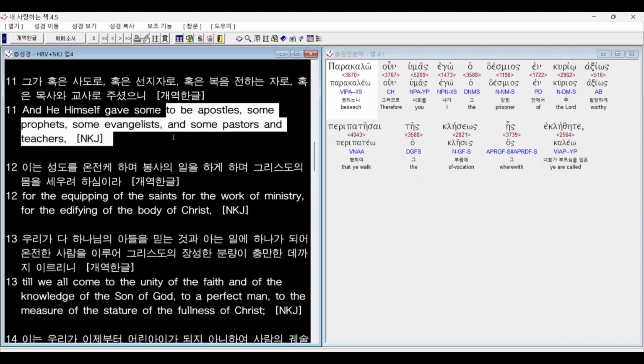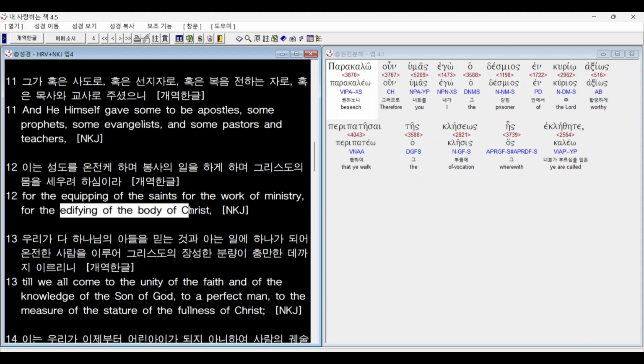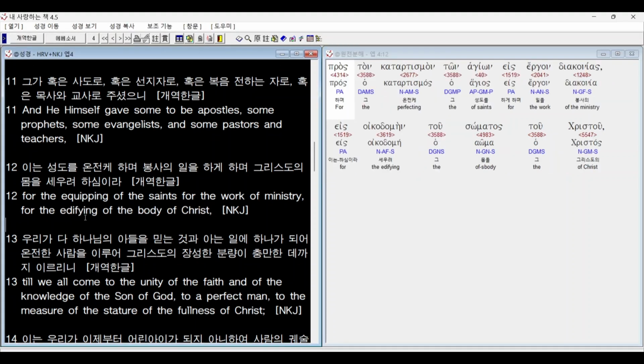Their titles are all different, but they are doing the same work, which is edifying the body of Christos. They translate it edifying, but oikodome is building the body of the Christos. So instead of becoming the earthly body, we have to become the heavenly body.